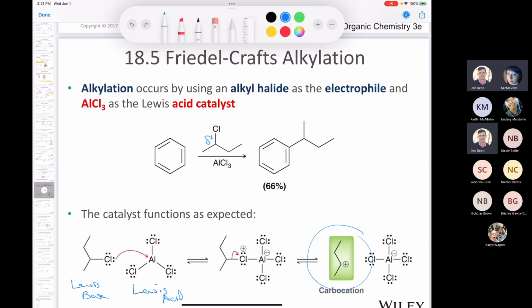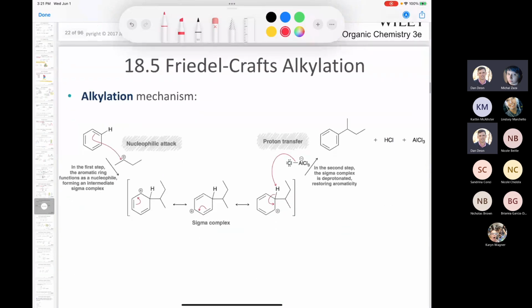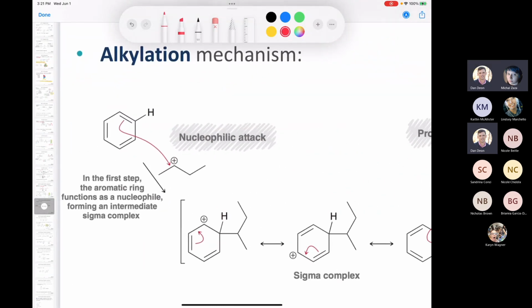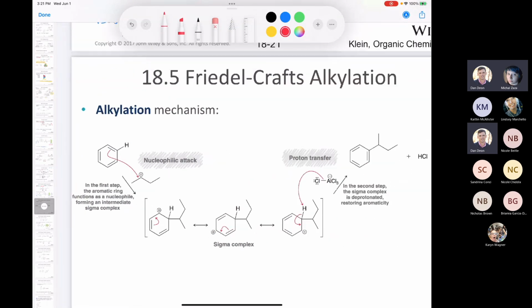Well, if you have a carbocation in solution, so let's imagine when you mix these two together, you end up producing a carbocation. You can imagine that's very electrophilic, and the aromatic ring can attack that as a nucleophile. Well, let's check that out. And here's the mechanism. So once you form your carbocation, you get the nucleophilic attack, and you form a sigma complex.